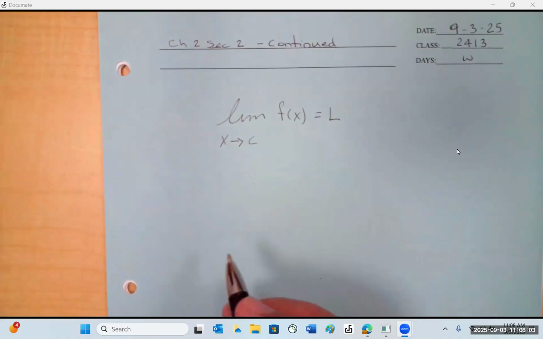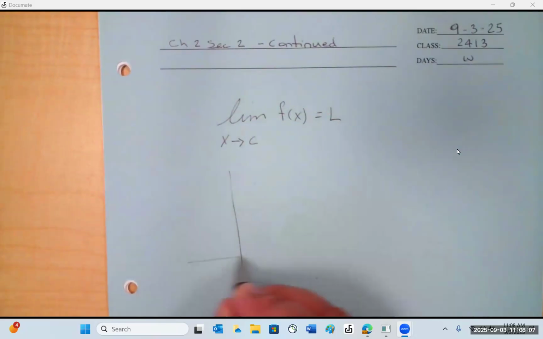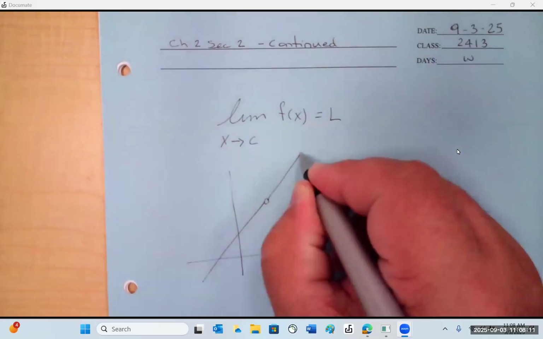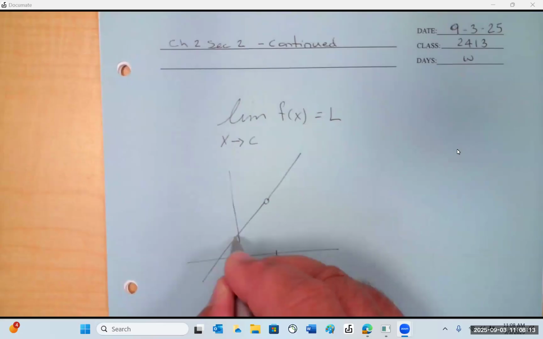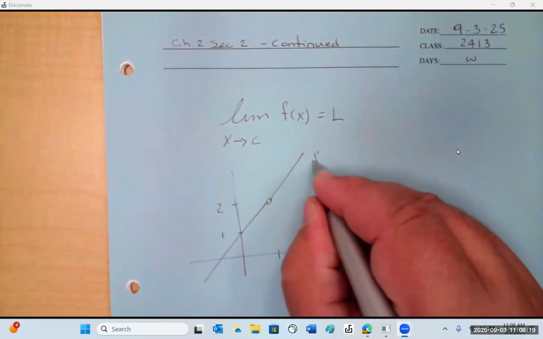So what that means is, as we talked about last time, here's our function.